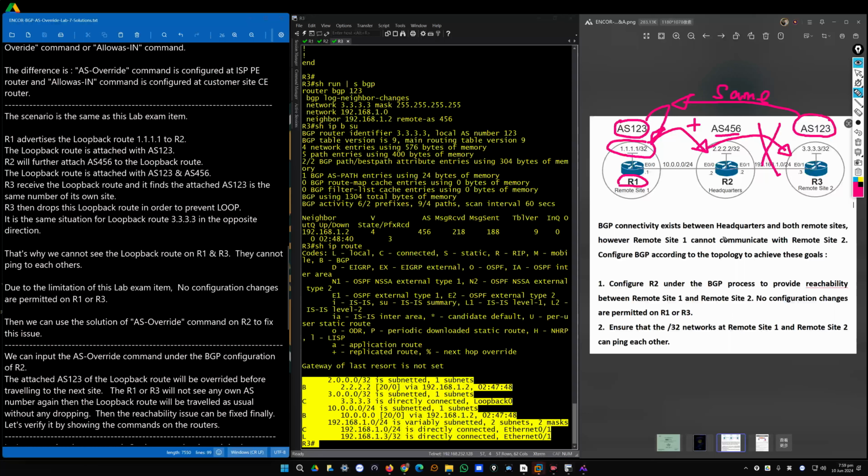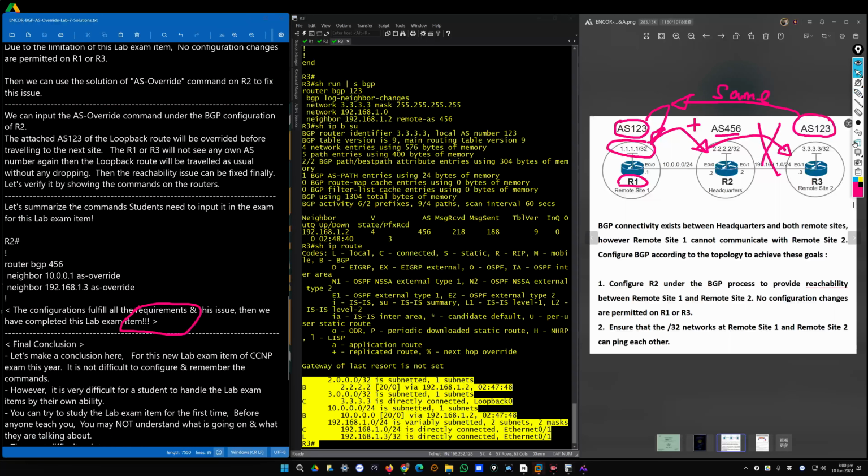They cannot ping each other. Due to the limitation of this lab exam item, no configuration changes are permitted on R1 and R3. Then we can use the solution, the AS-Override command, on R2 to fix this issue. We can input the AS-Override command under the BGP configuration of R2.